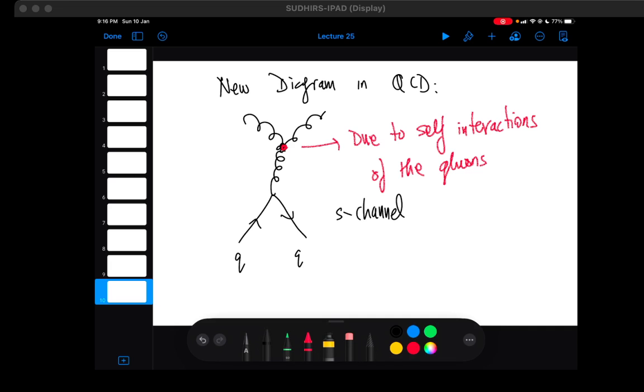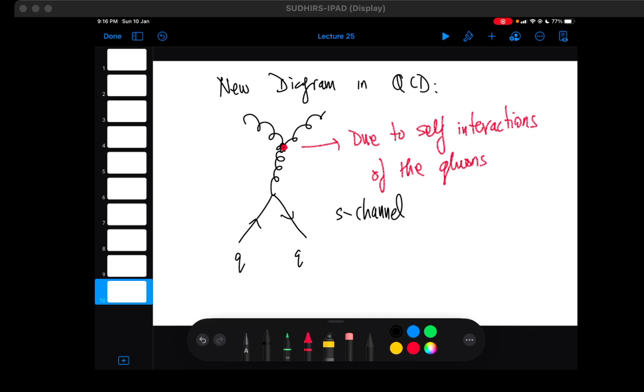Similarly, the initial gluon state also should be a color singlet state. Initial quarks also should be in a color singlet state.